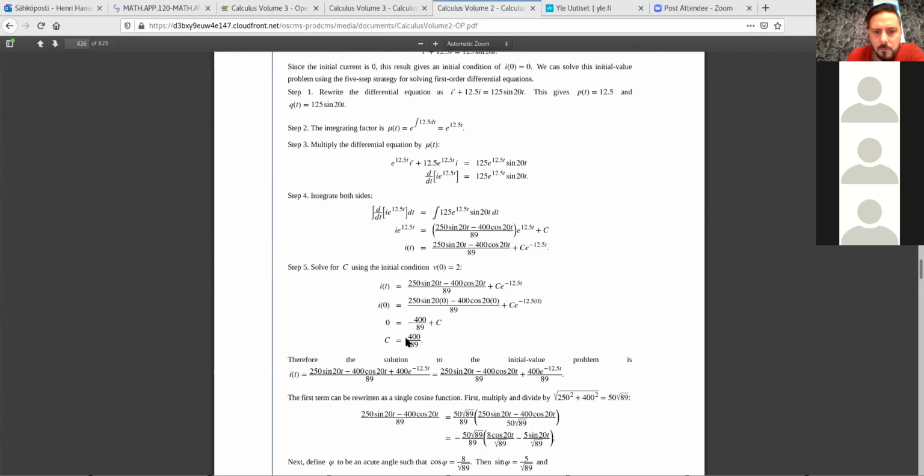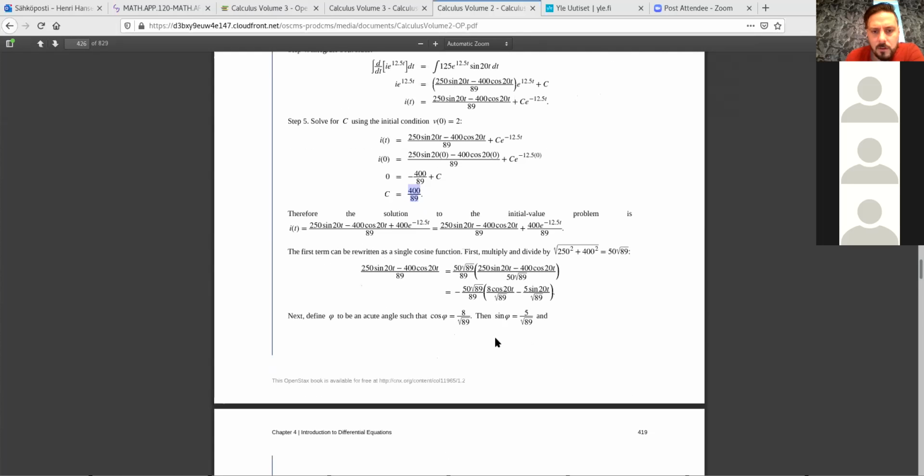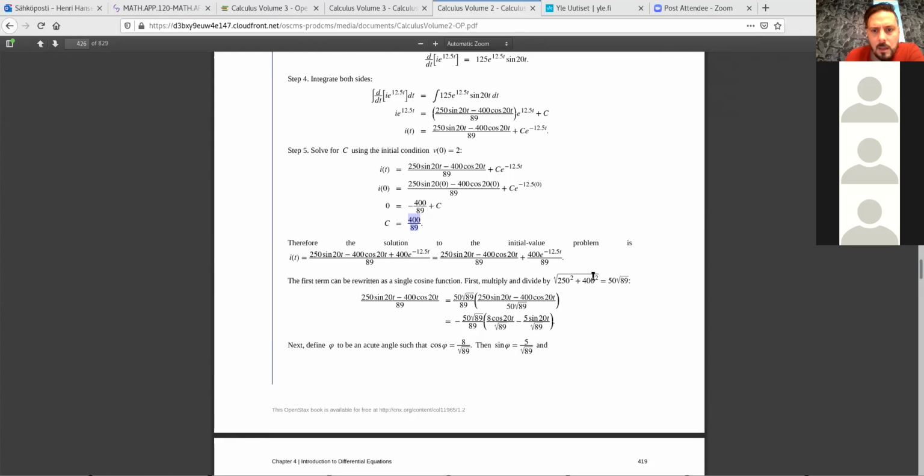We solved this for c equal to something like 400 over 89, and then we notice that this coefficient, if t equals 0, is relatively large. But then it diminishes towards 0 as t goes to infinity.